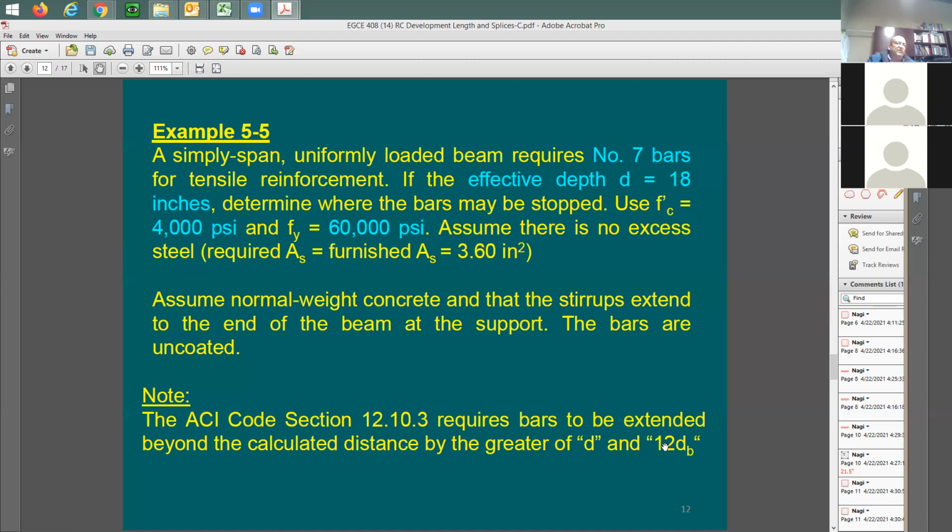When you think about most of the rebars that we use, maybe number 8, number 9, number 7, 12 times db is going to be about 12 inches. When you look at the depth of most concrete beams, usually it is at least 18 inches, maybe 24 inches. So d usually controls your reinforcement details, not 12 db.